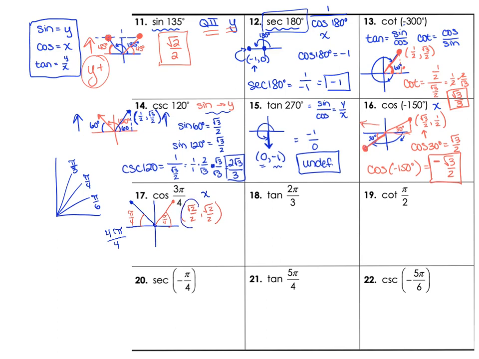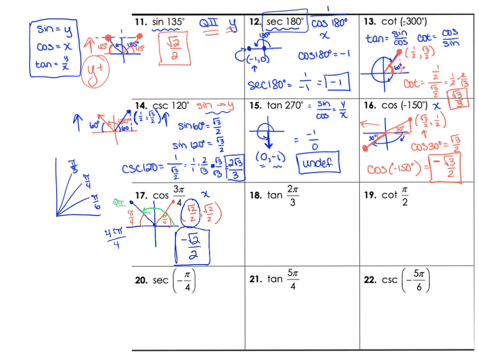The x value is my cosine, so I've got square root of 2 over 2. But because the angle we're actually looking for, this 3 pi over 4, is in quadrant 2 and to the left of the y-axis, that has to mean that my final answer for cosine is actually negative square root of 2 over 2 because it's to the left.